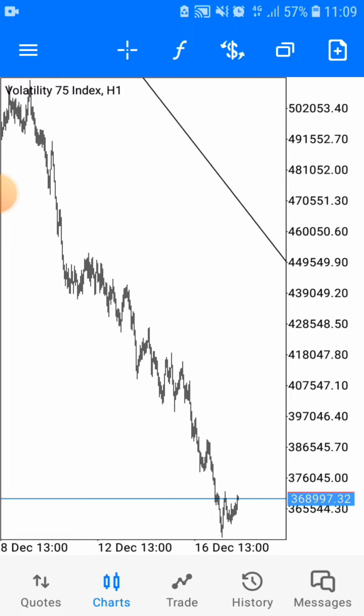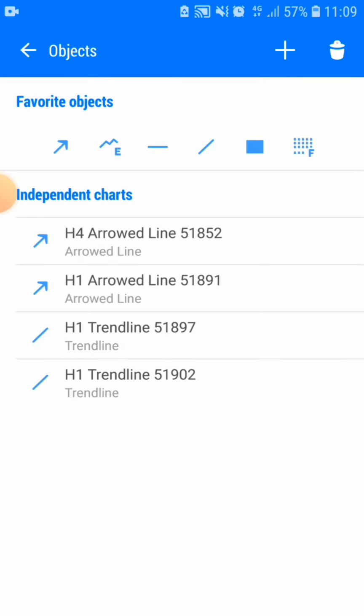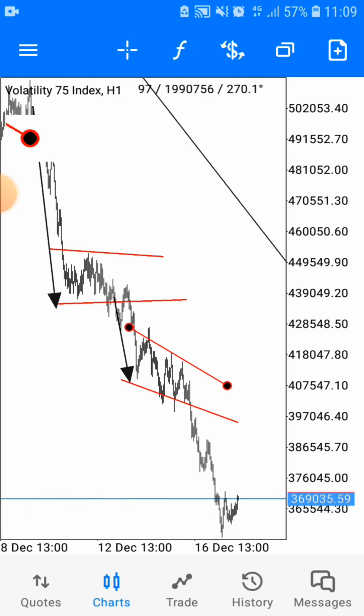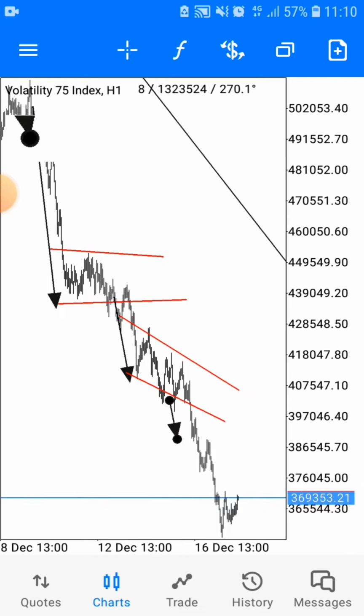Now guys and girls, remember this one thing: the market always moves in phases. Impulsive phase, then comes corrective phase, then comes impulsive phase, then corrective phase, then impulsive phase again, and then corrective phase again.